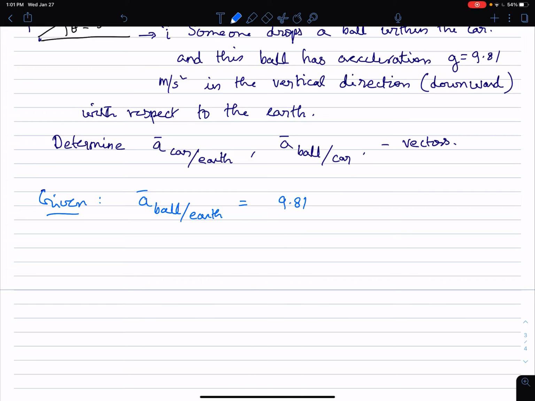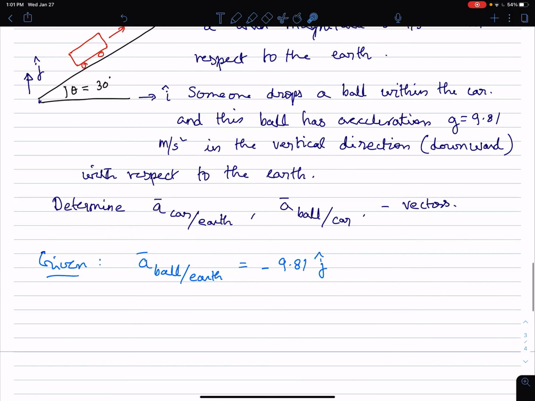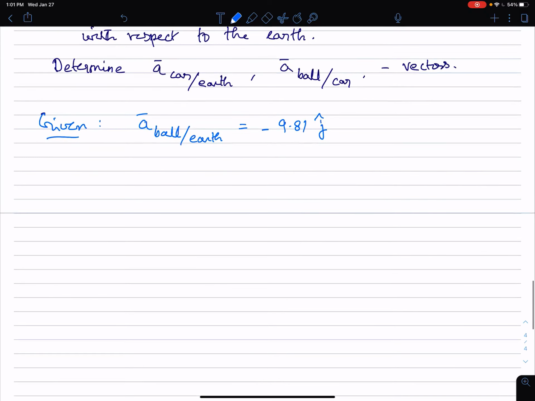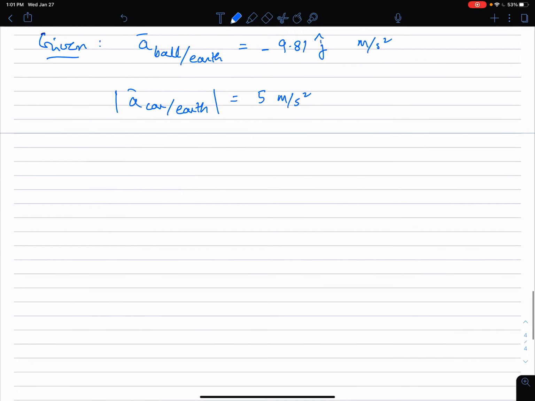So what is the vector? Is it j? It's going to be minus j. Okay, so this basically says that it's downward because there's a negative sign in the j direction. And then we know that acceleration of car with respect to Earth is basically, everything is meters per second square, 5 meters per second square. This is known. Acceleration of car relative to Earth, the vector itself is not known, but let's just give it some unknown.